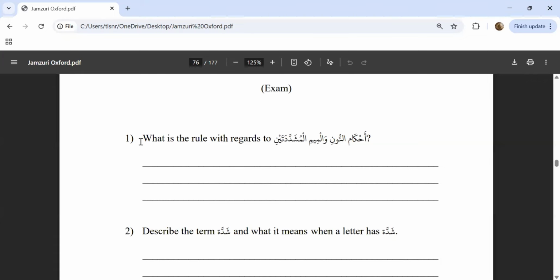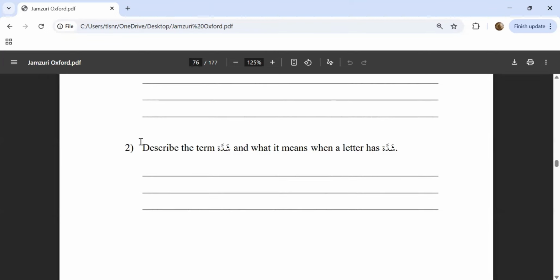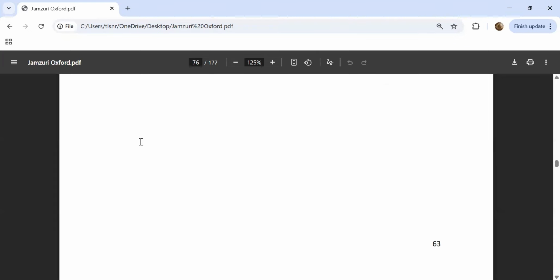The rule is that we apply ghunna when these two letters have a shadda. Just keep in mind that they always have ghunna; we hear it at its greatest peak when it has shadda. Describe the term shadda and what it means. That question will not be on the ijaza, so it's only question 1.